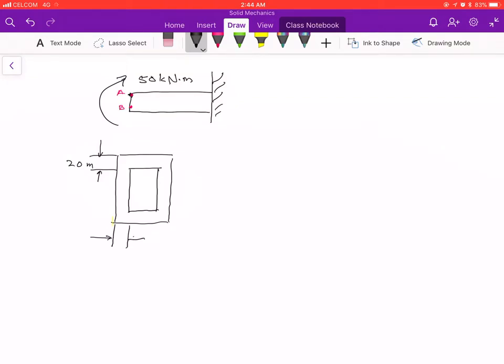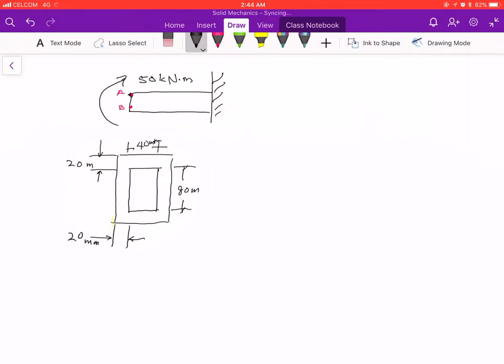It's also 20 here. And this is 80 mm, and right here is 40 mm.